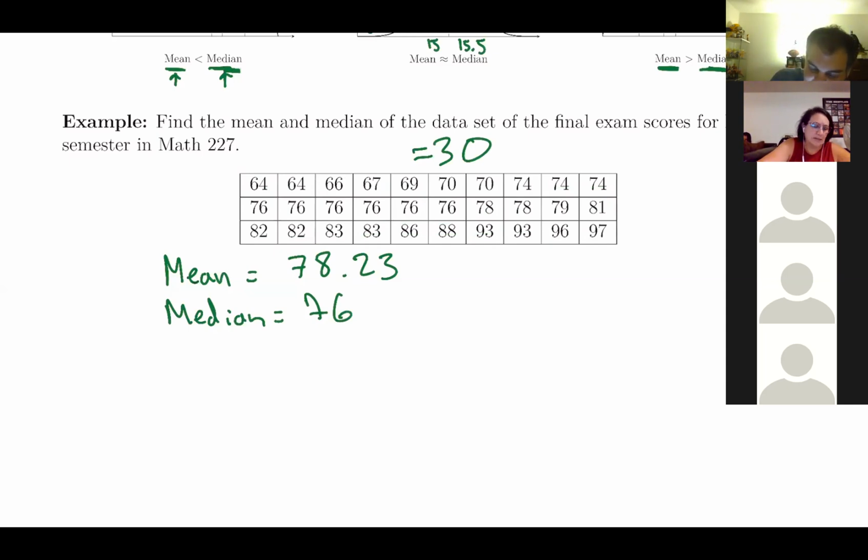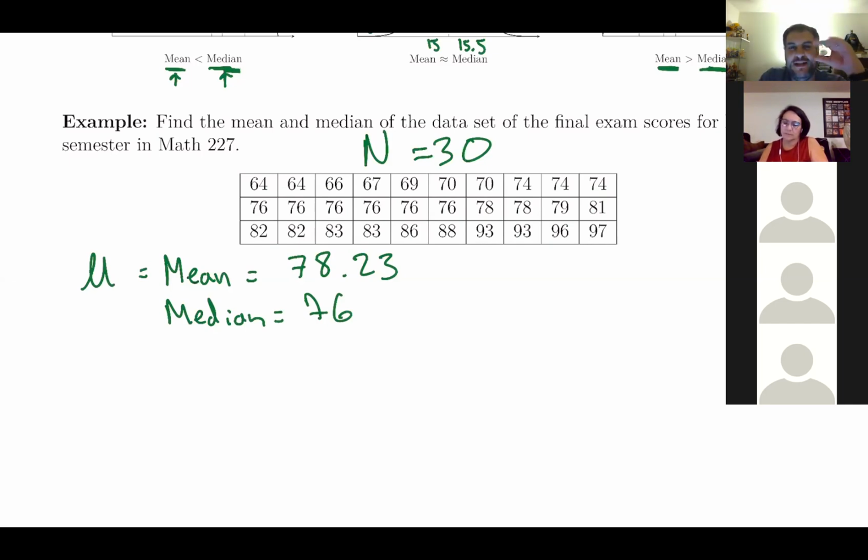This is a population, because for this one, we're assuming this is the entire class. So since this is the entire class, it will be a population. So technically, the 78.23, that's our mu. All right. Everybody good? 78.23 is our mean, 76 is our median, and our population size was 30.